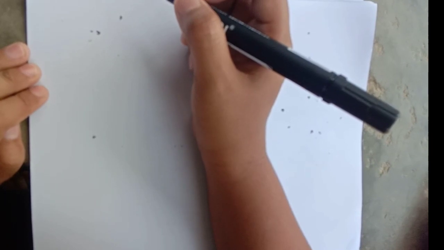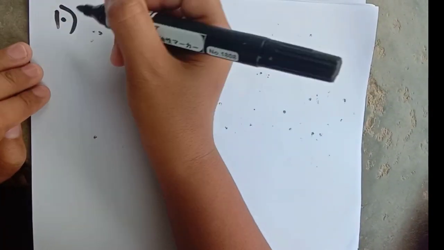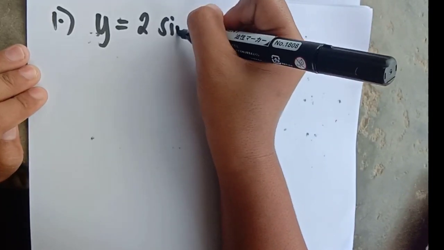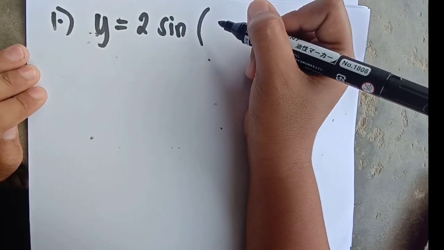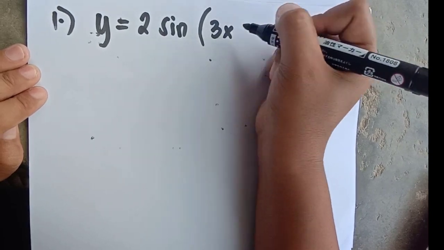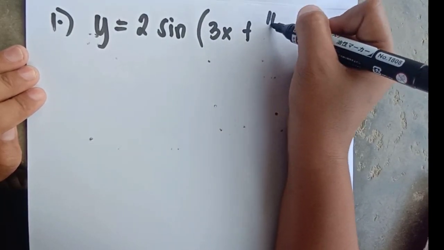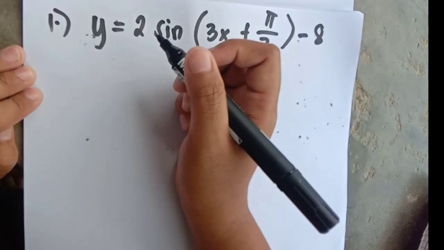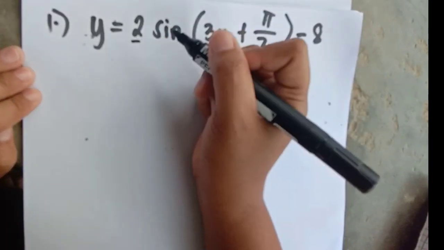Let's try an example. Number 1: y equals 2 sine times the quantity of 3x plus pi over 7, minus 8. So the amplitude is 2.